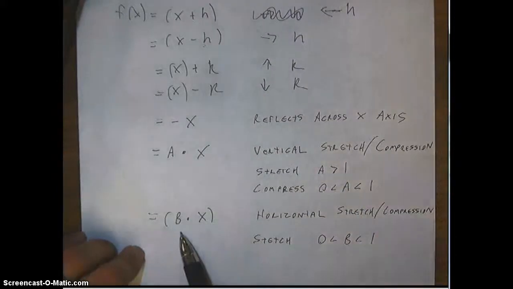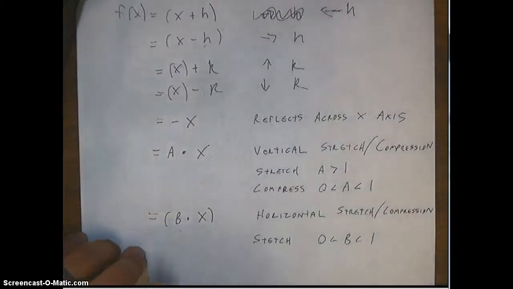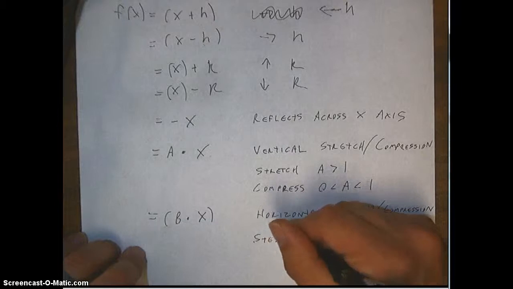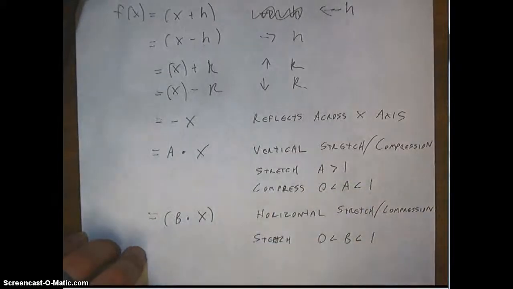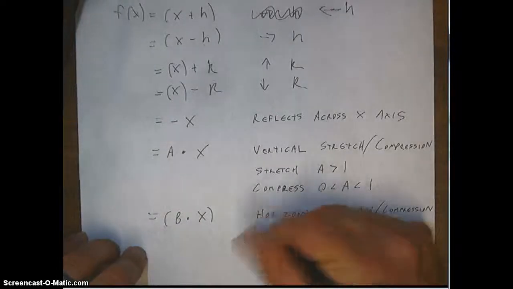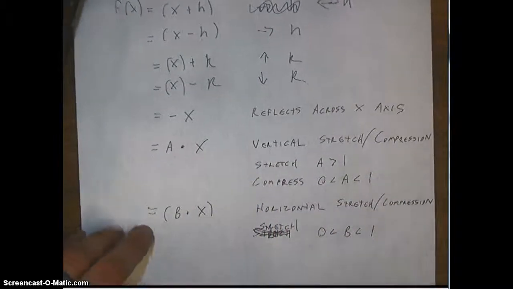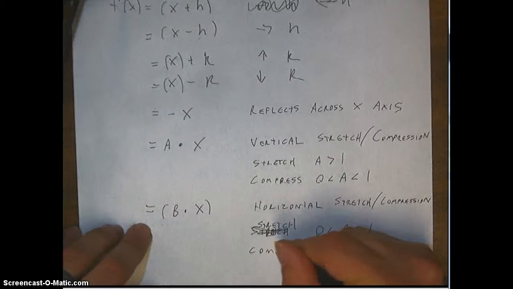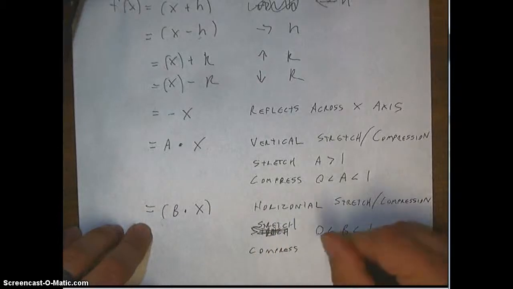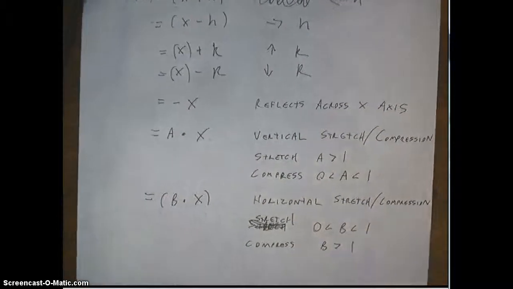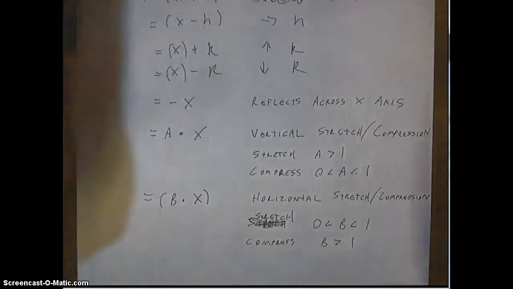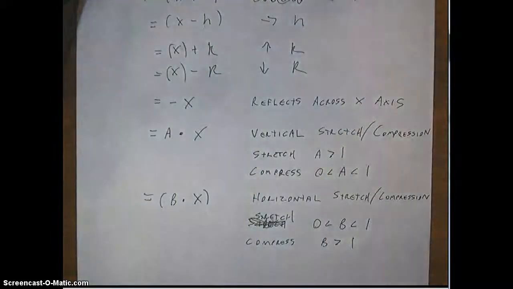So if it said 1/3 x, it's going to stretch it out horizontally. Stretch. I just can't spell that at all, can I? That's better. It's compression when B is greater than 1. So if it's a 4, it's actually going to squeeze that thing in like it's a belt.